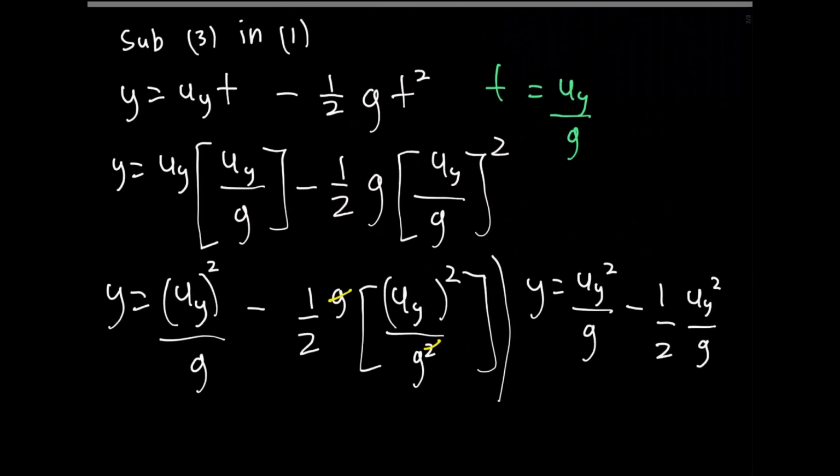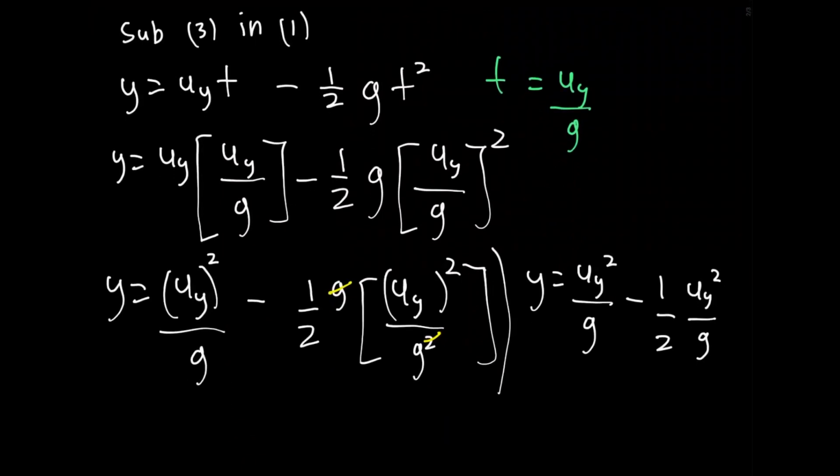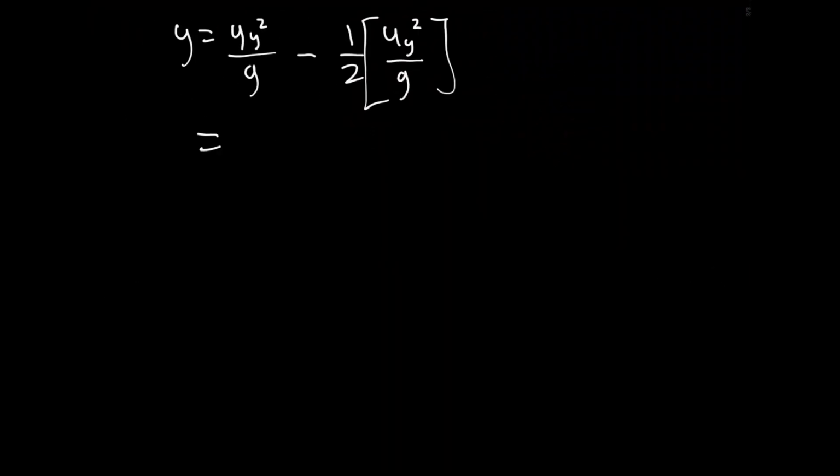Uy squared over g minus a half uy squared over g. And by basic subtraction, we have that this is equal to a half uy squared over g.